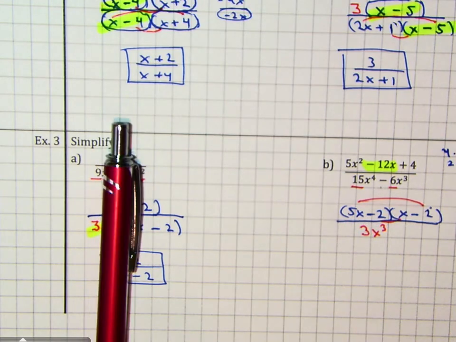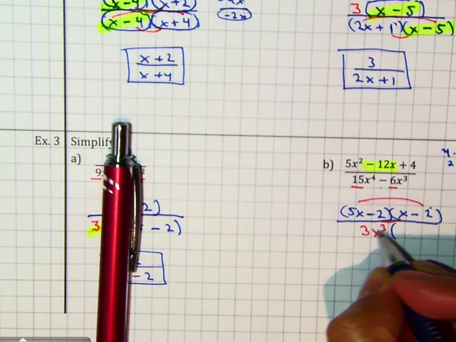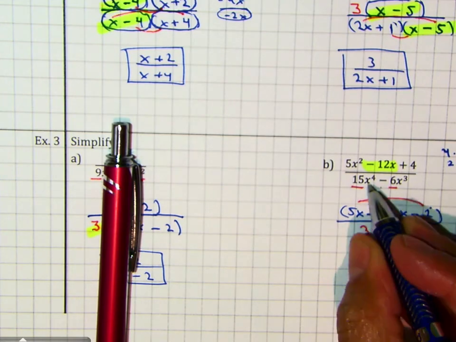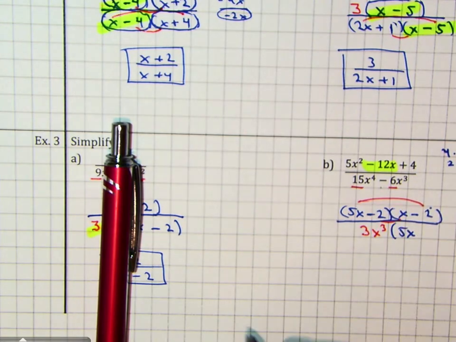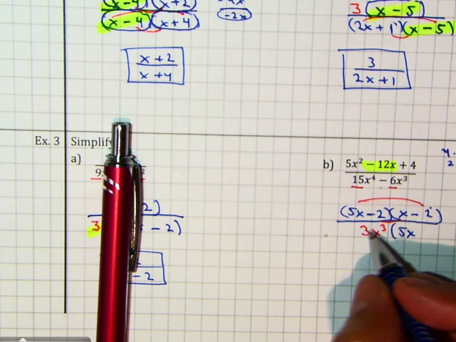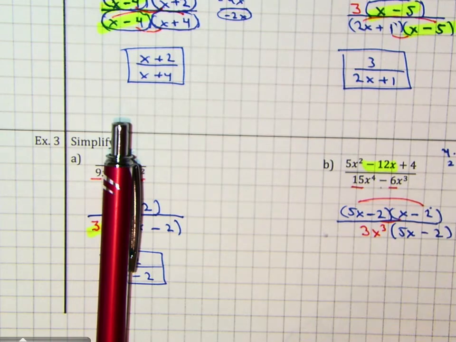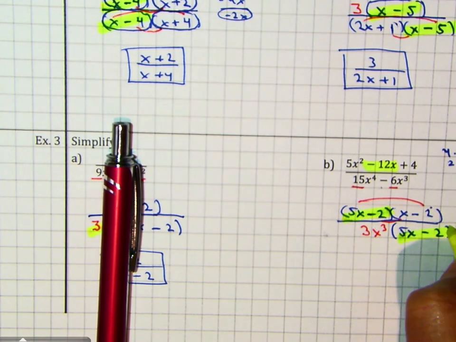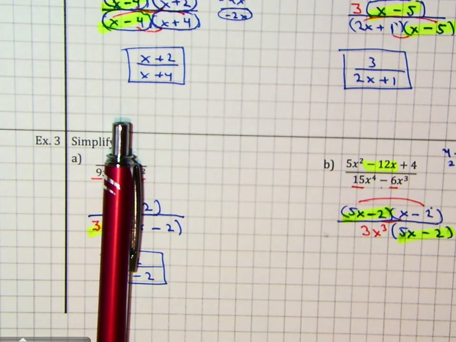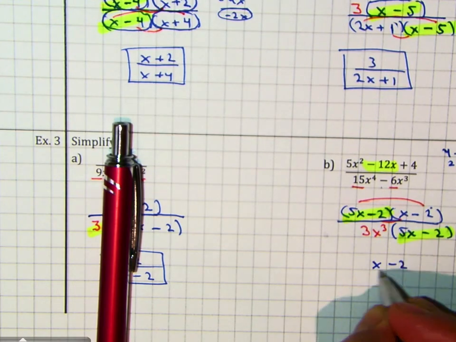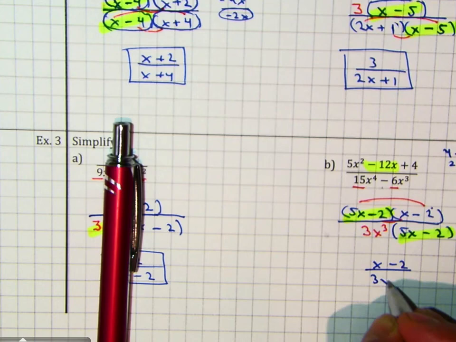And what's left behind? 3 times what will give you 15? 5. x to the third, I need x to the fourth, so I need 1 more. 3x to the third times what will give you negative 6x to the third? It'll be minus 2. That 5x minus 2 cancels out. And now I have x minus 2 over 3x to the third.